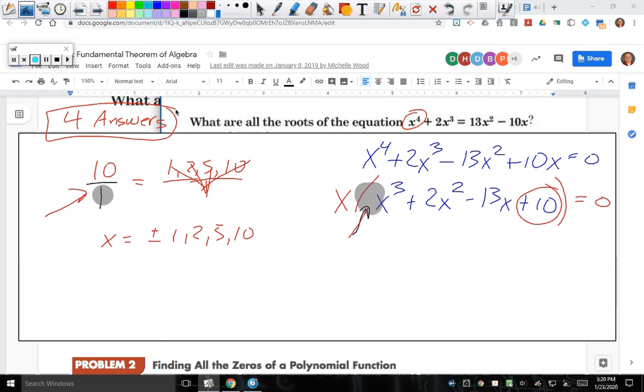All right, so over here, I'm going to take 1, 2, negative 13, 10. So you don't count the x on the outside? I don't count this x. This x on the outside, it's already one of the answers. What is it? 0. Because I set each individual factor equal to 0, it's already 0.